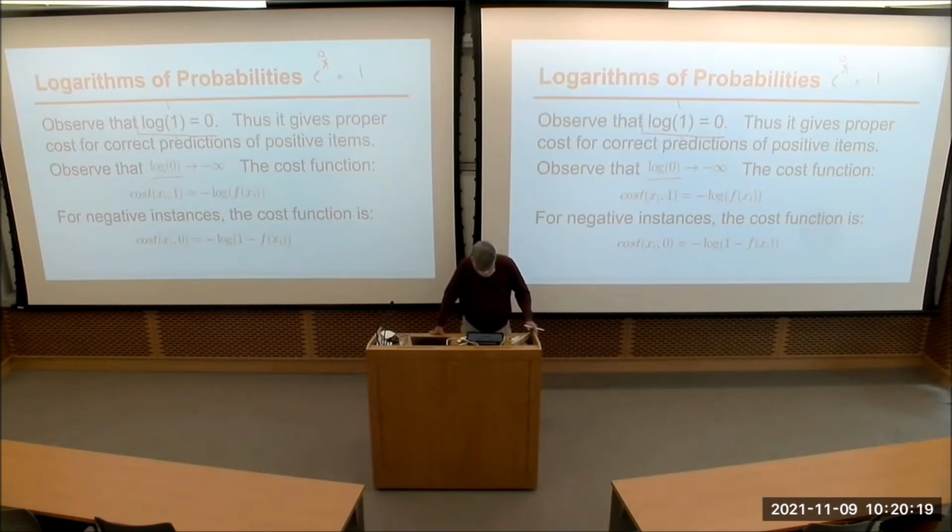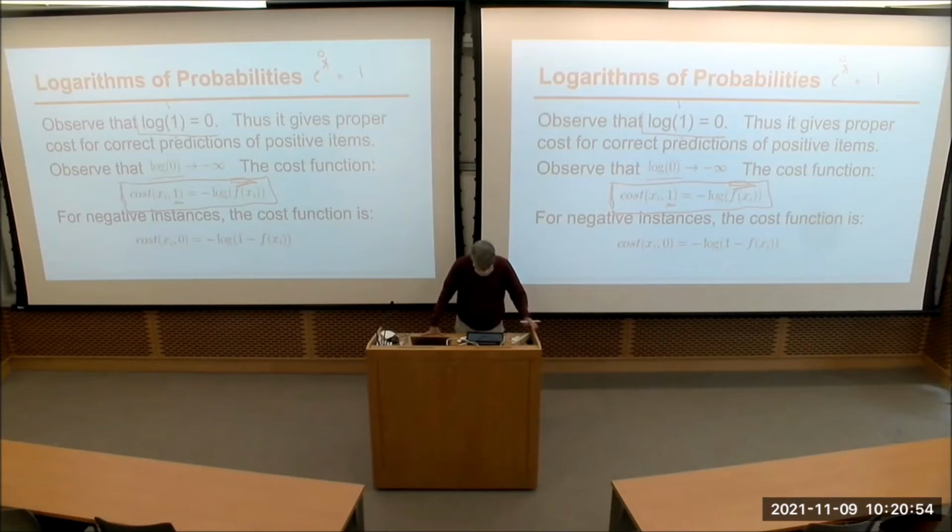That says that when we have a positive example and we scored the probability of it being positive as 0, we want to pay an infinite cost. Taken together, minus the log of the Logit function applied to our model is the right way to punish a label that was truly positive.